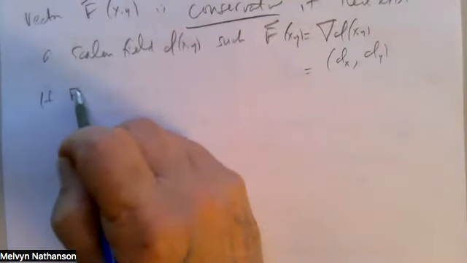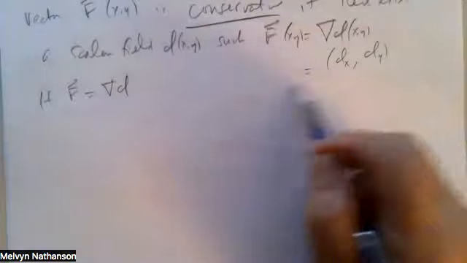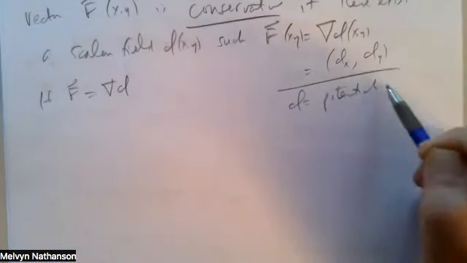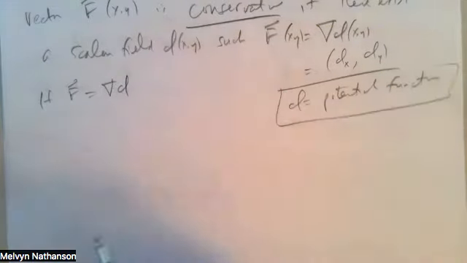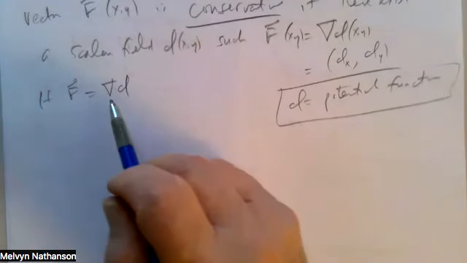And in this case, phi is called the potential function. So a potential function for a vector field is a function whose gradient is the vector field.